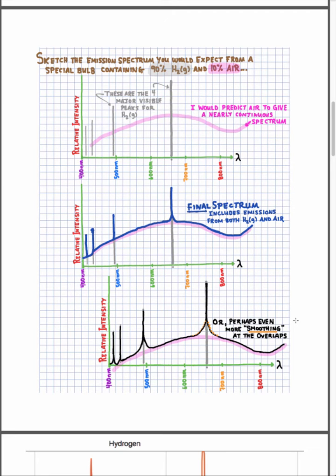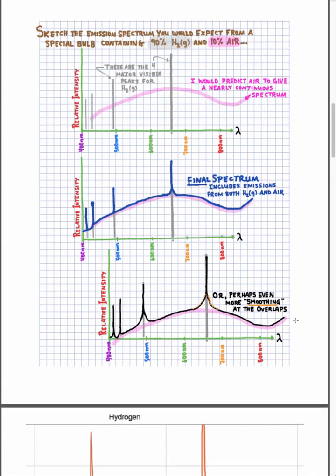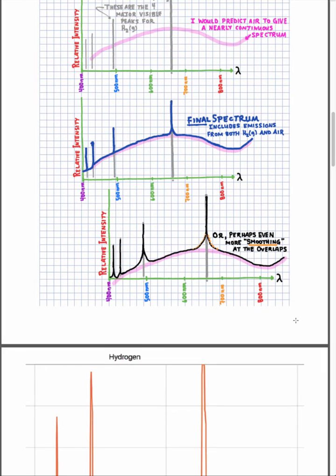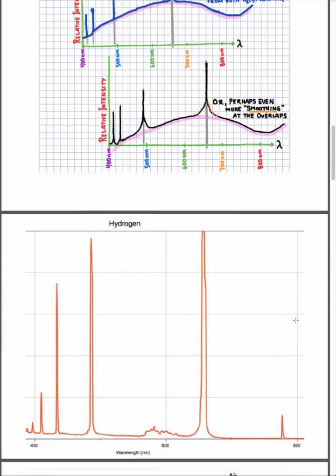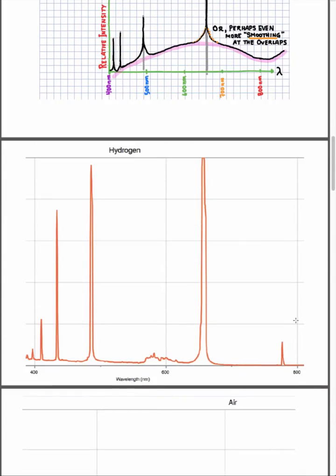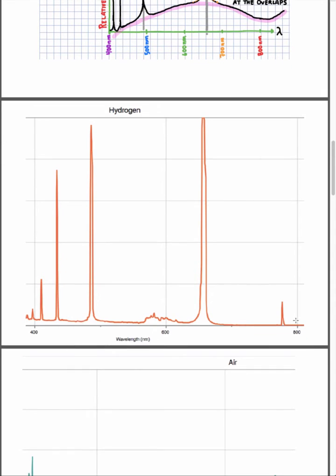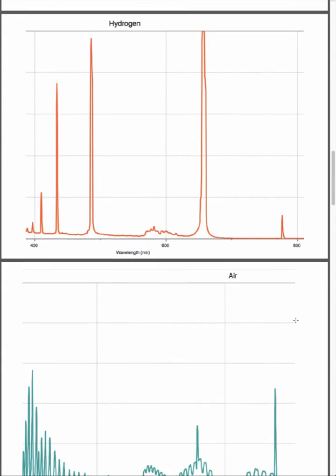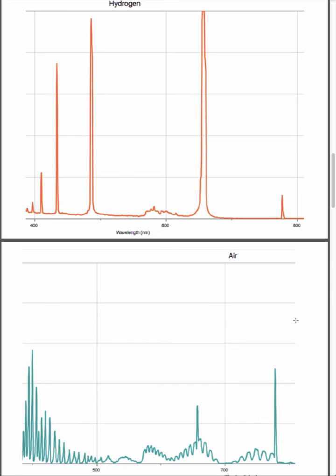Then I thought to myself, well, wait a minute, air is comprised mostly of nitrogen and oxygen. So what if I had a hydrogen emission, which is this, combined with a sample of air?